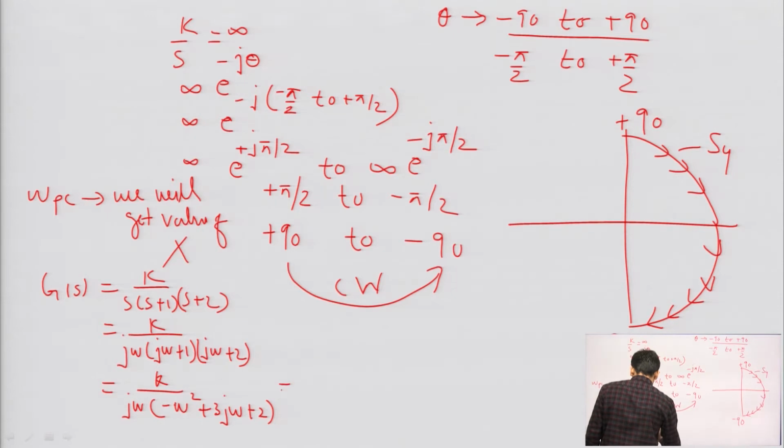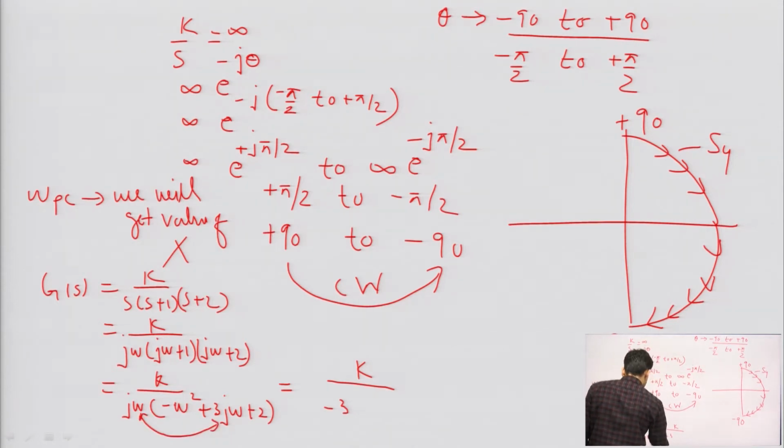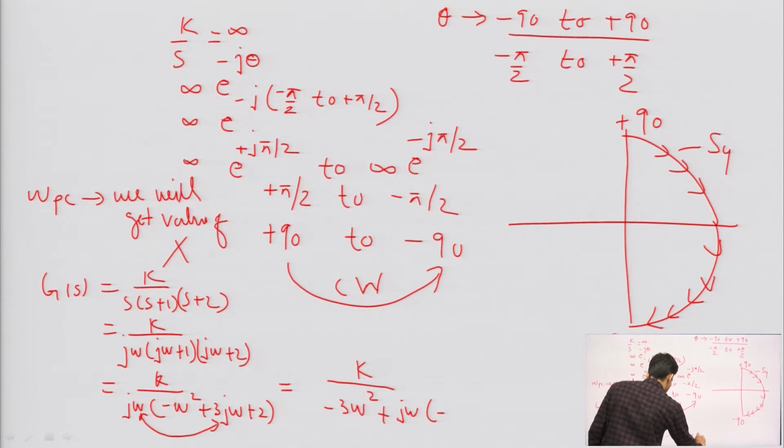If I further solve it, this will come k over minus j omega cube, or you can say minus 3 omega square j square, because this will be multiplied by this, minus 3 omega square, then plus j omega multiplied by the remaining term, minus omega square plus 2.